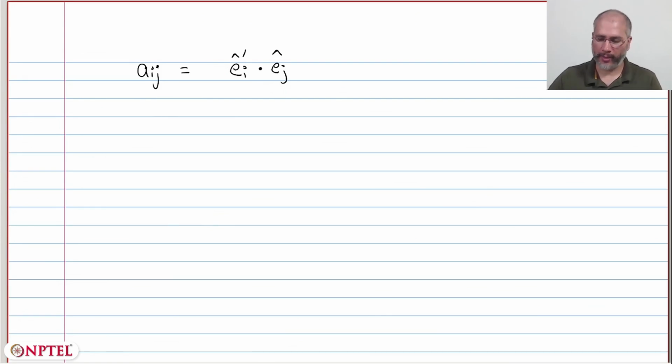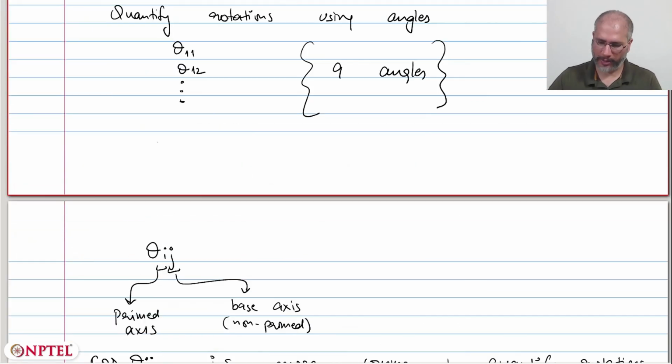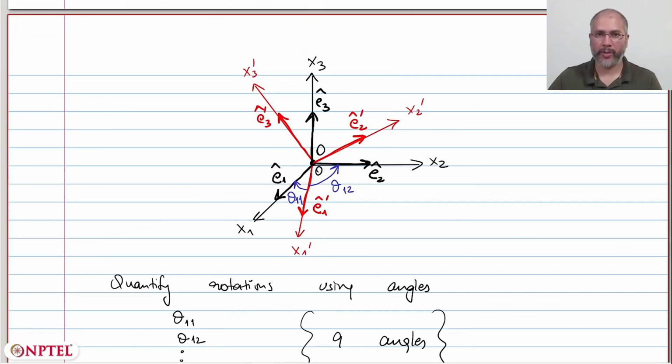So let's look at the figure to understand that. So in this coordinate system, if we look at e1 prime dot e1 hat, what we see is that since both are unit vectors, so if you write a vector a dot b as a magnitude times b magnitude times the cosine between the two vectors, then we can see that e1 prime hat dotted with an e1 will simply give us cosine of theta 1 1.